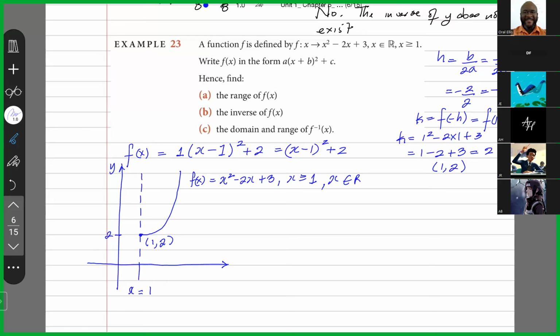Clearly, this has an inverse. It has an inverse because it is both injective and what? Surjective. So it has an inverse.